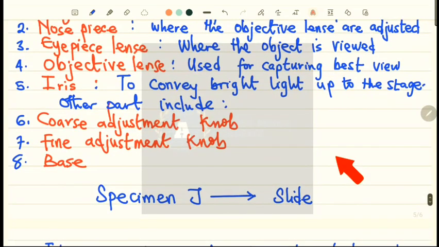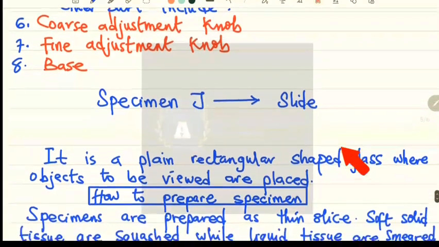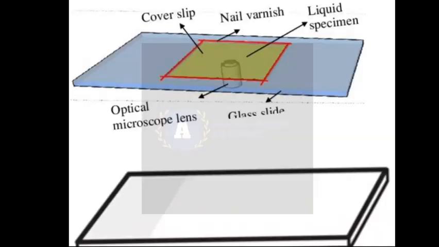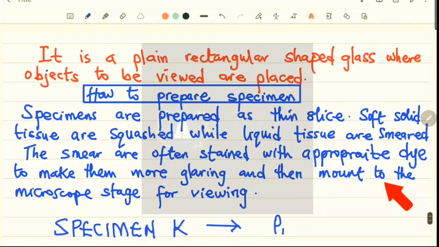Then we have the next specimen, which is specimen J, which is a slide. That is how you view an object in the microscope, using a slide. So what is it? It is a plain, rectangular shaped glass where the objects to be viewed are placed.